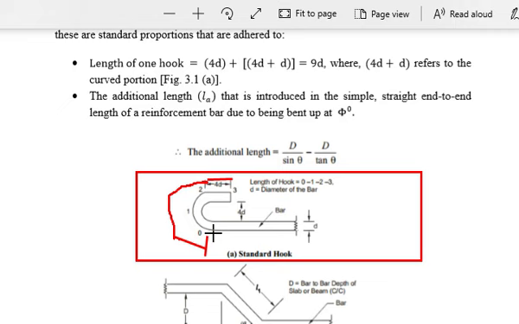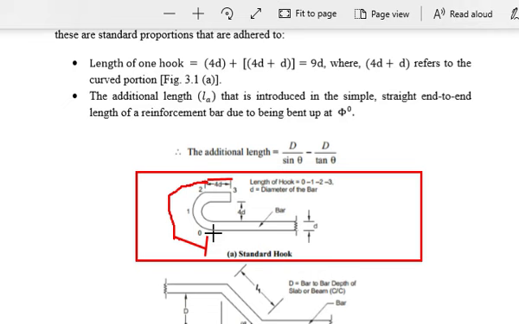But when you go to the IS code, page number 6, it is mentioned that the length of the hook is 4D plus 2KD, where K is a number that may be 2, 3, 4, 5 like that.